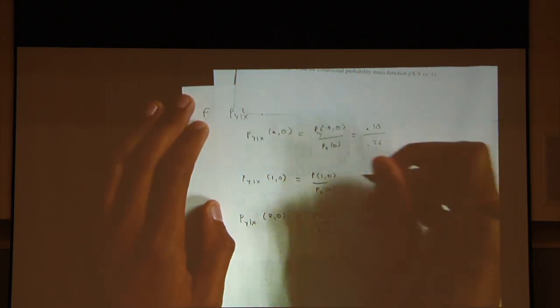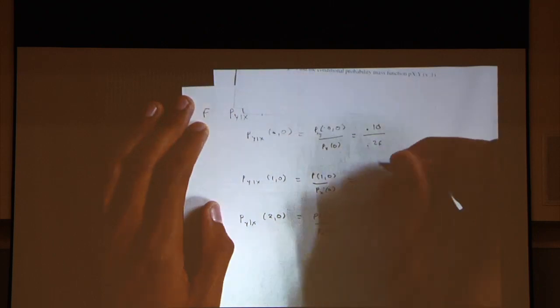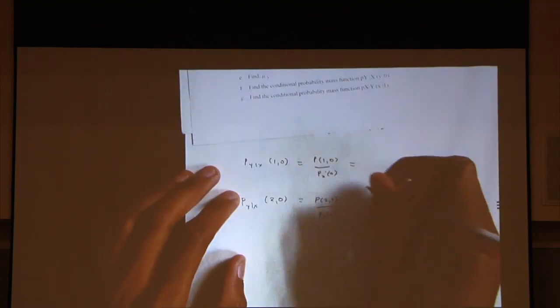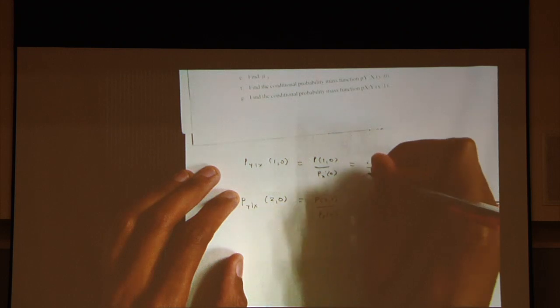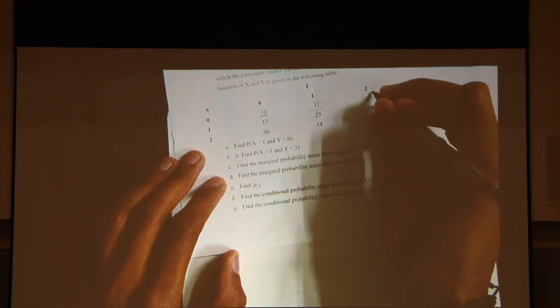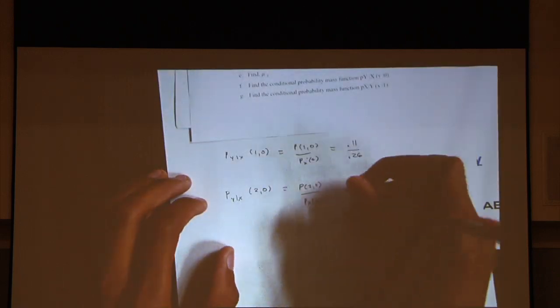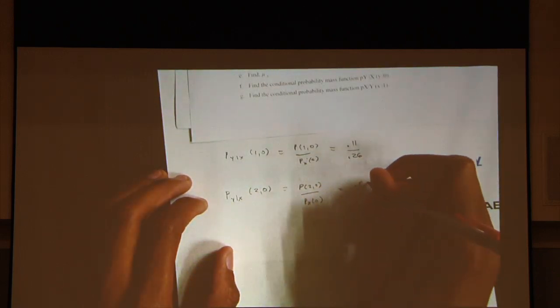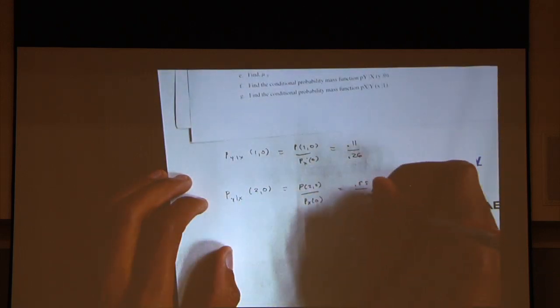X being 0. For this, 1, 0 is 0.11. 0.11 divided by 0.26, and then 2 is 0.05 divided by 0.26.